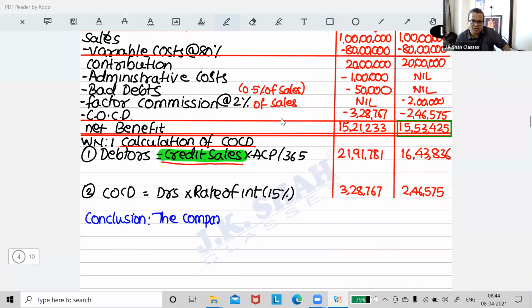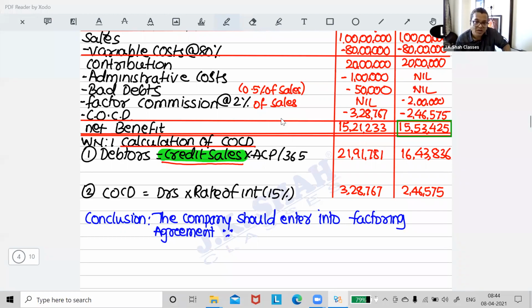The company should enter into factoring agreement, since net benefit is maximum. Okay. And write a note.